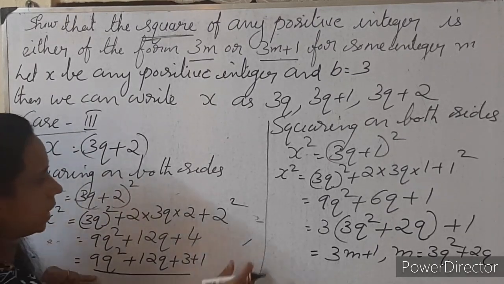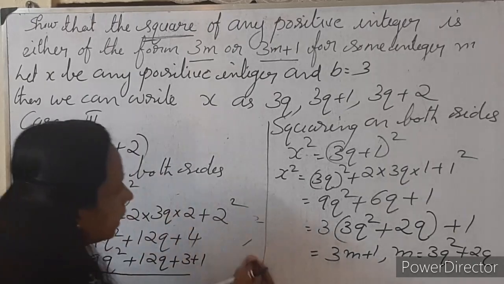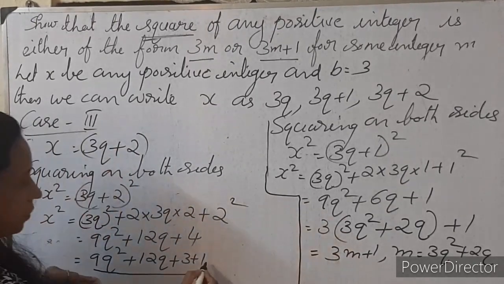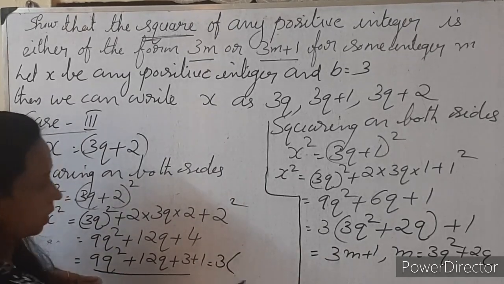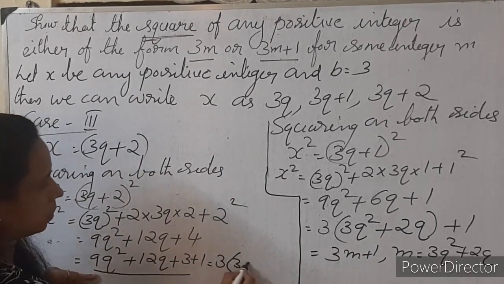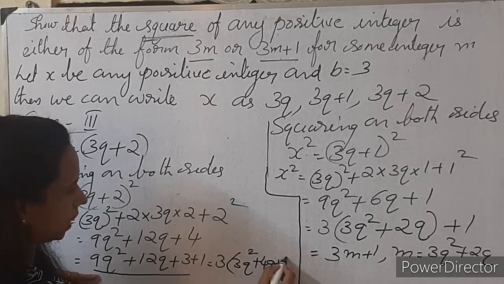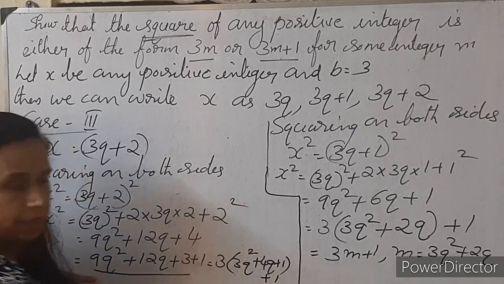So after taking 3 outside, inside the bracket we get 3q square plus 4q plus 1, plus 1.